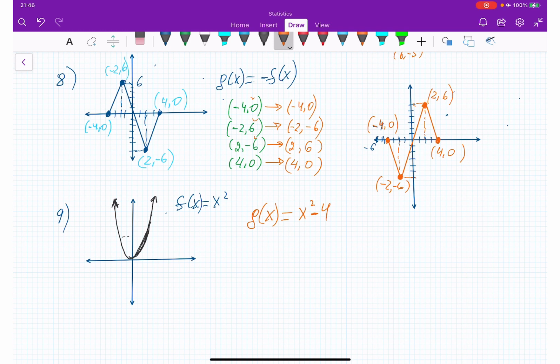So in this case, you can take any 2 points, again go by point. Or since we have a parabola, it's easy to take this minus 4 as a change of y. So 1, 2, 3, 4, and move it parallel down by 4.